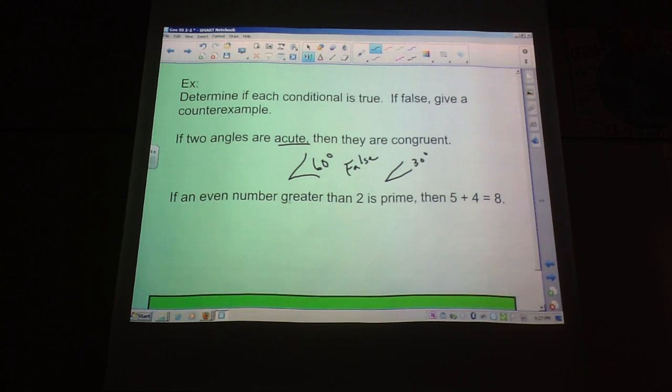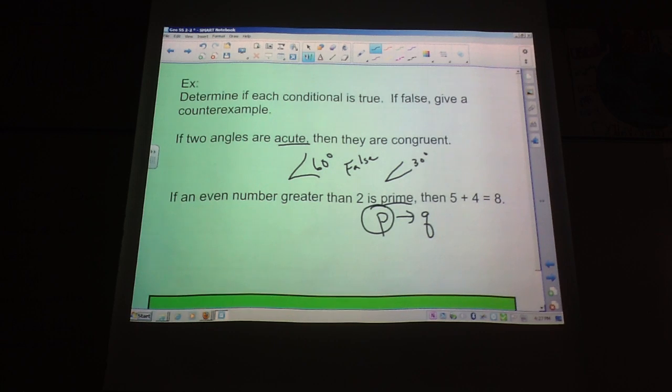If an even number greater than 2 is prime, then 5 plus 4 equals 8. Well, back to that P implies Q. An even number greater than 2 is not prime.